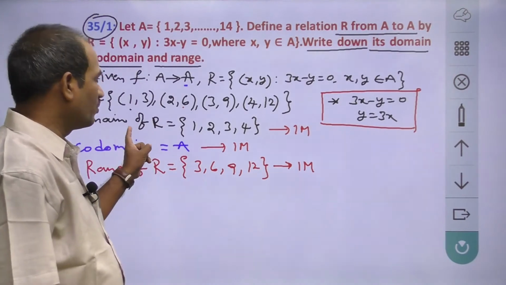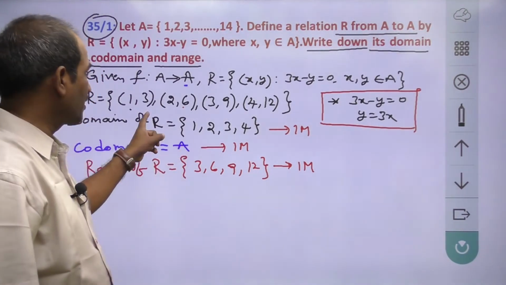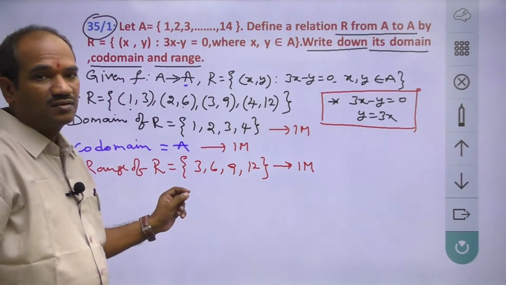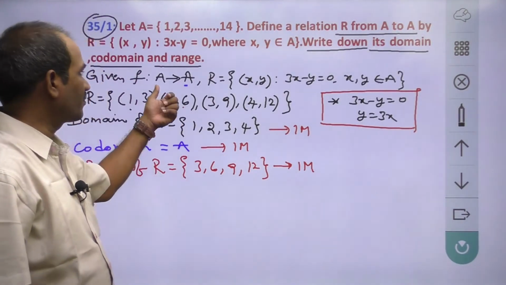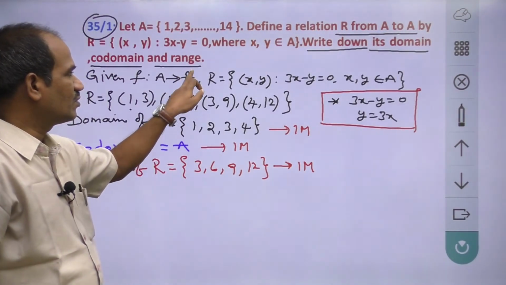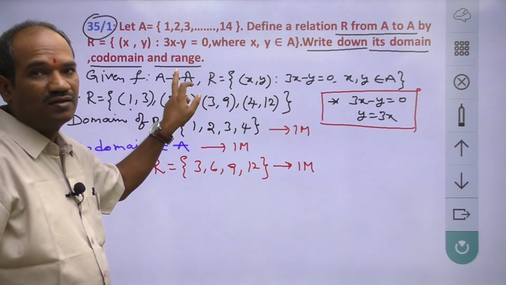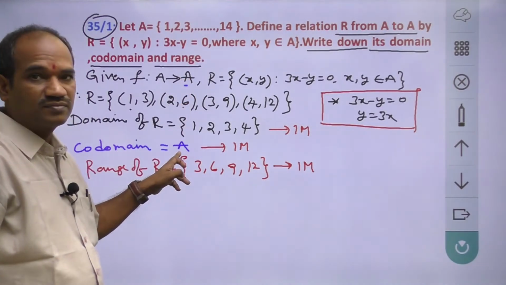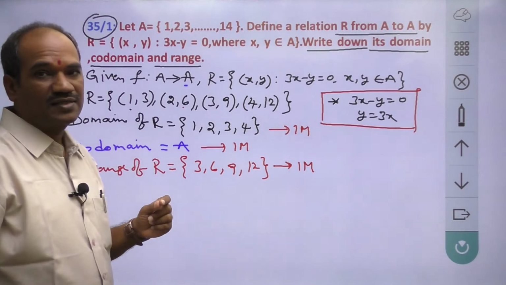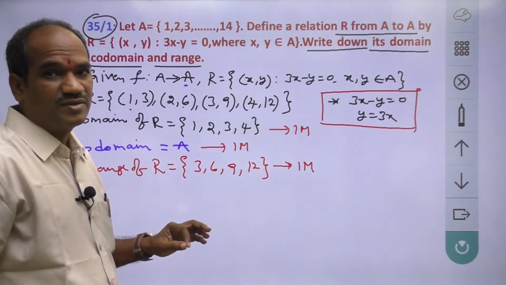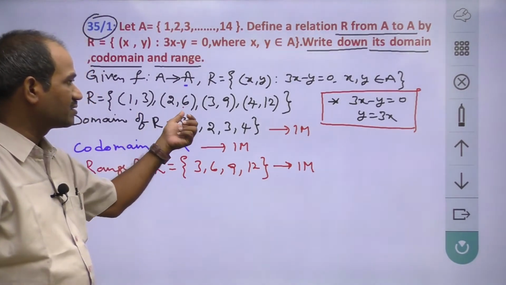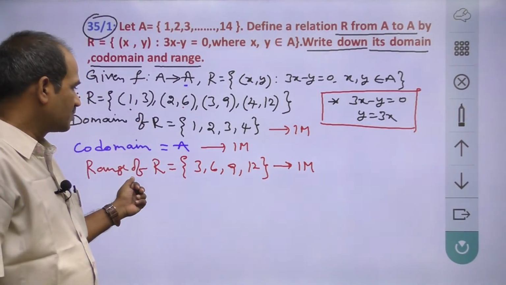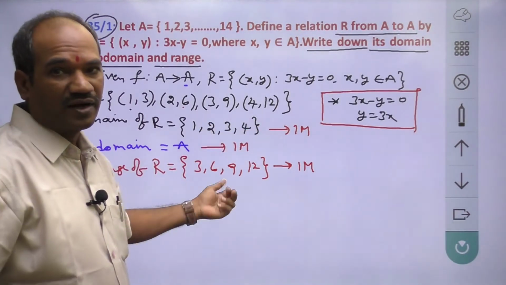Domain means the set of all first elements of the ordered pairs in the relation from A to A. Codomain is the whole set B in the relation R from A to B, and here B is also A, so the codomain is A. Range is the set of all second elements of the ordered pairs in the relation from A to B. Write this question and practice one time.